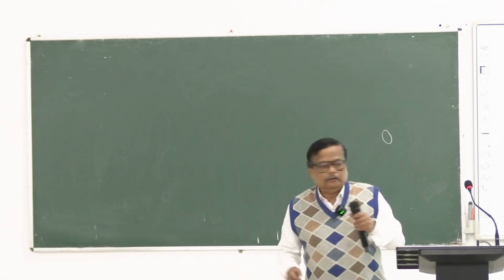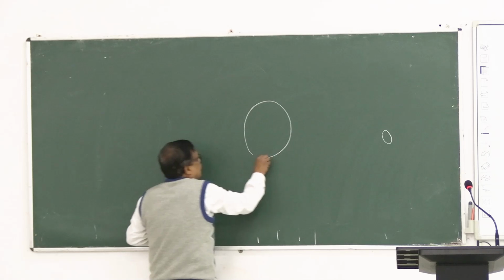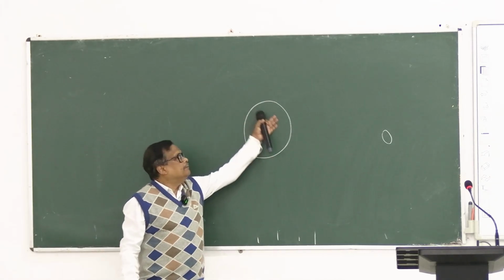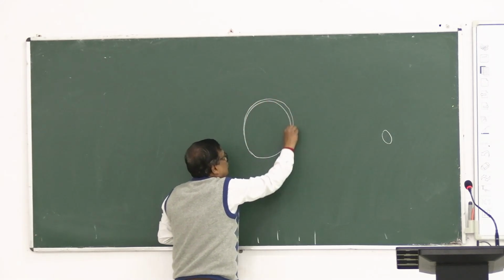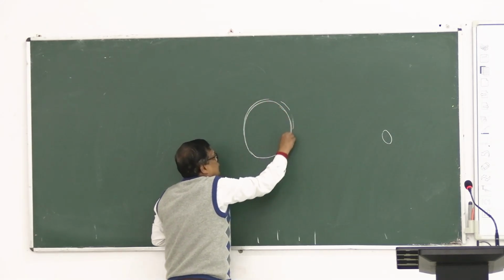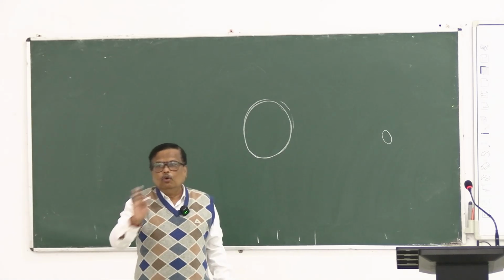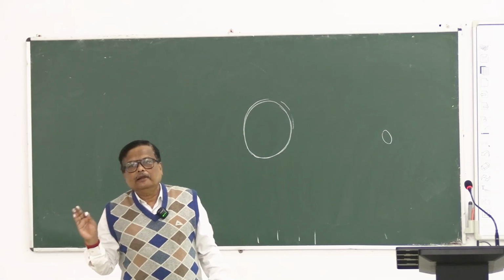Peritoneal cavity is like that. It is more or less totally empty. This cavity lining the peritoneum is totally empty, contains a few cc of fluid. No viscera is present within this peritoneal cavity.